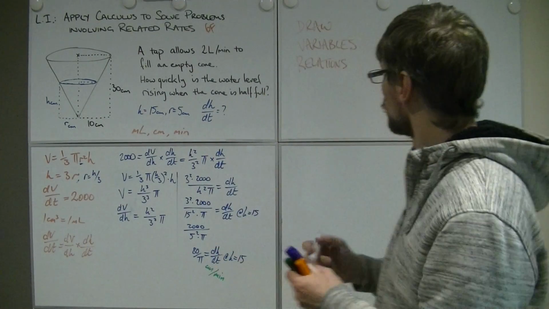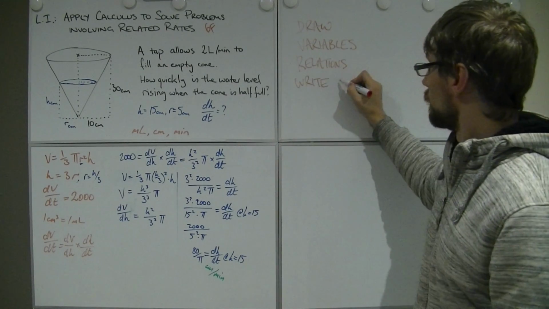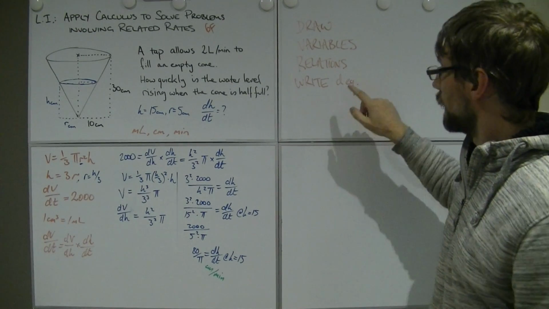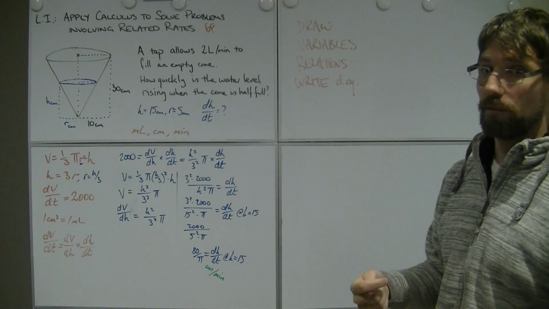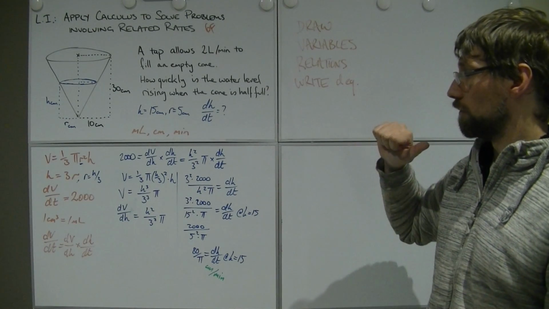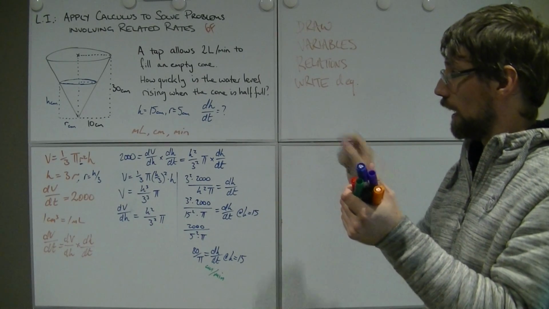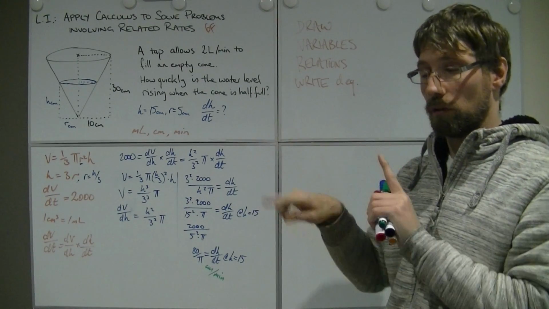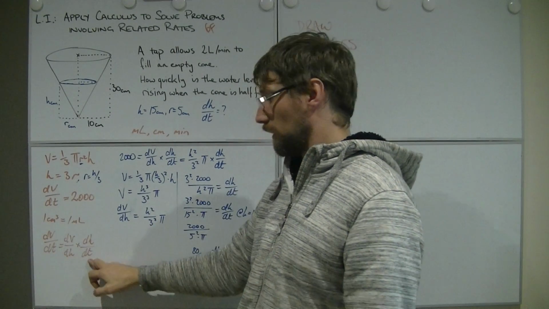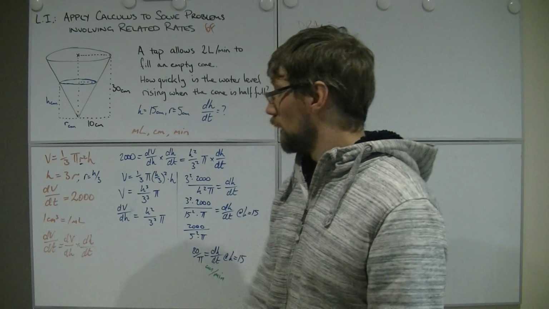And write a differential equation of some sort that includes what you're after. So ideally you're going to be able to find either one thing that you know and the thing that you don't know, and then figure out what's the third element in there. So with us, we had this first bit, we wanted this last bit, and so that tells us what the piece we still need is.